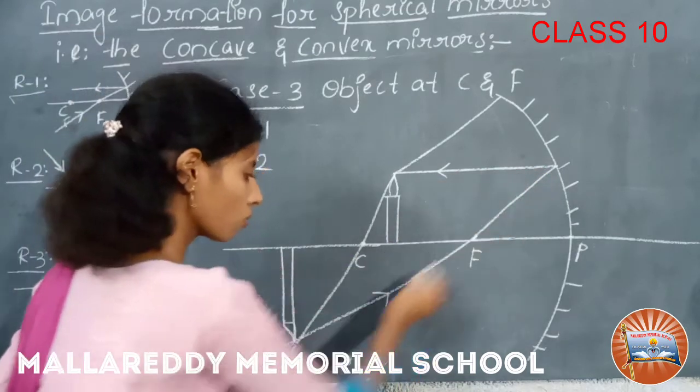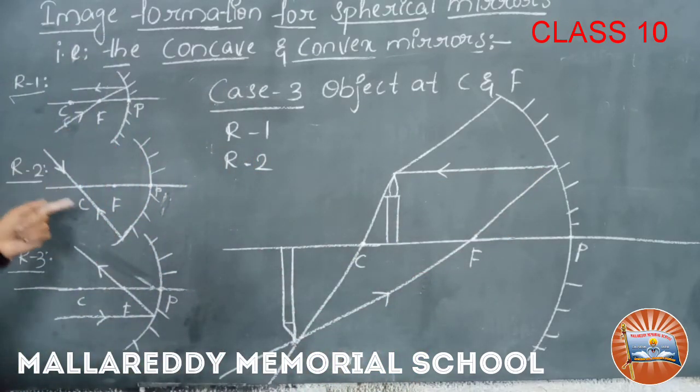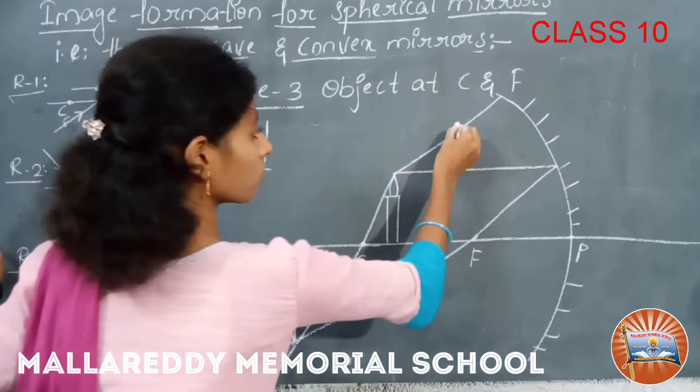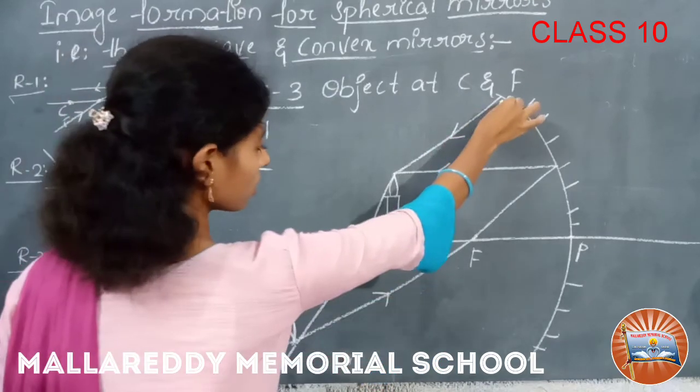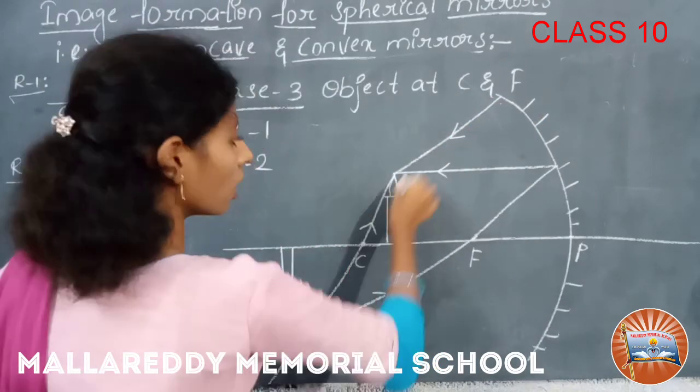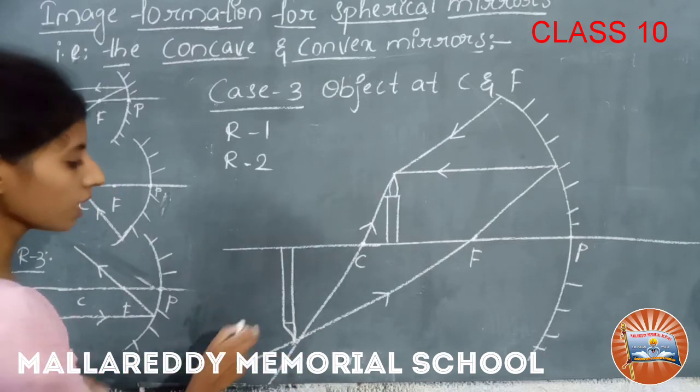So this is rule 1 here. And rule 2 is when the incident ray passes through the center of curvature and it is reflected through the center of curvature only. So same, when it passes through the center of curvature it is reflected through the center of curvature. So here at this point the two rays will converge. So here we got the image.